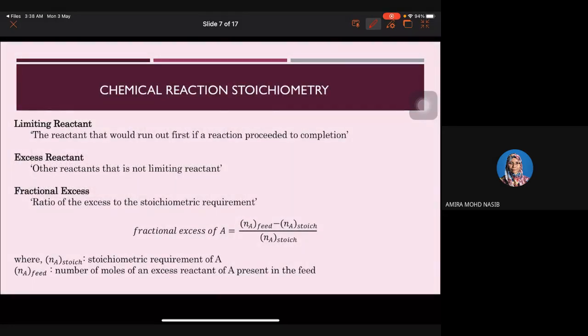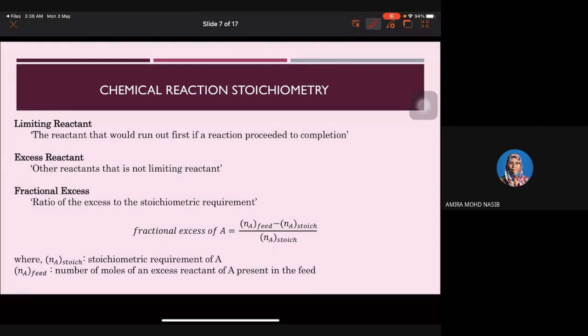Next, we are going to learn a few terms, starting with limiting reactant. What is a limiting reactant? It's the reactant that will run out first, or in simple words, the reactant that will be finished first in the reaction.